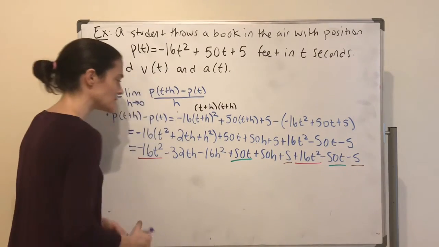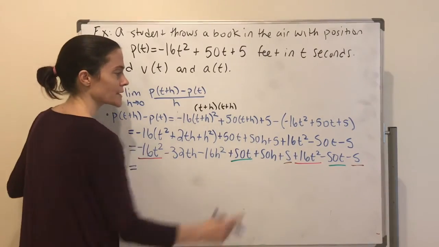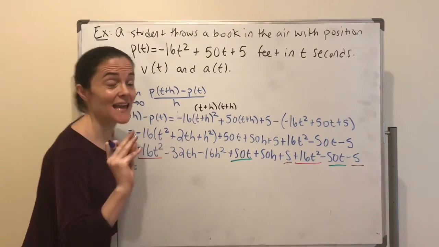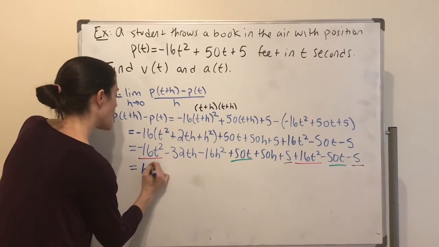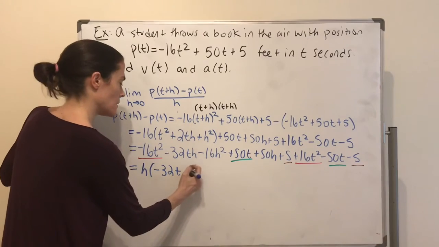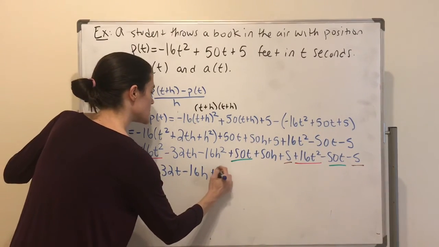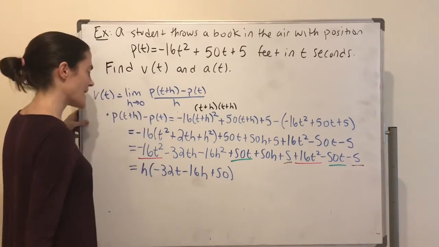And now there's nothing else that cancels here. But what I can do, what's left is 1, 2, 3 terms. All of them have an h. So let's factor this out. Minus 32t minus 16h plus 50. Okay?